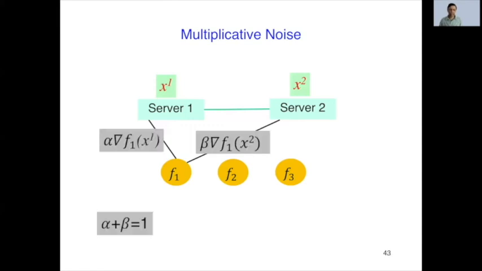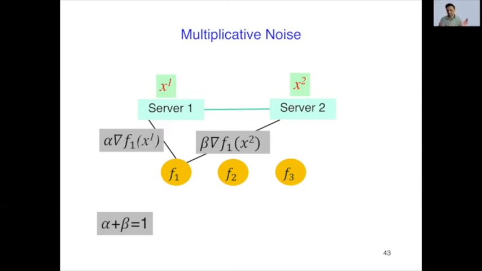So normally, agent one should upload to server one the gradient of cost function f1 at the estimate maintained by server one. Let's call it x superscript one here. Similarly, it should upload to server two the gradient of f1 at the estimate provided by server two.